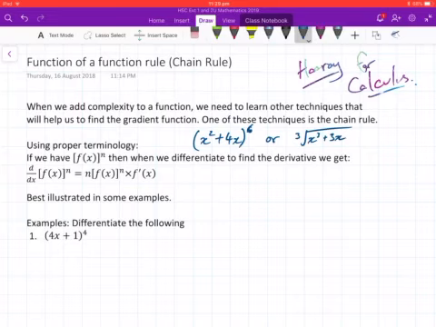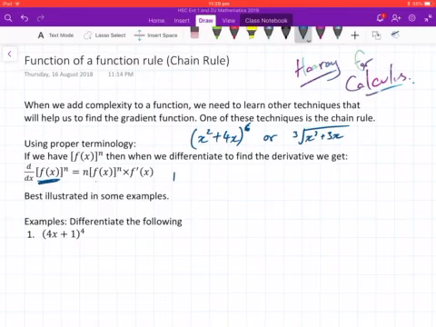So that's what we're going to get into today. Now, proper terminology: if I have f of x to the power of n, and I want to do d dx of that, as in differentiate it, then what happens? The n, the power, comes out the front, and the f of x stays the same inside, but then we multiply it by the derivative of f of x.